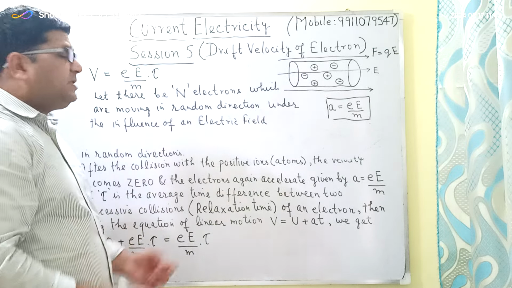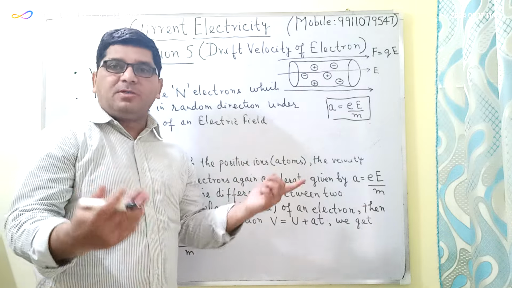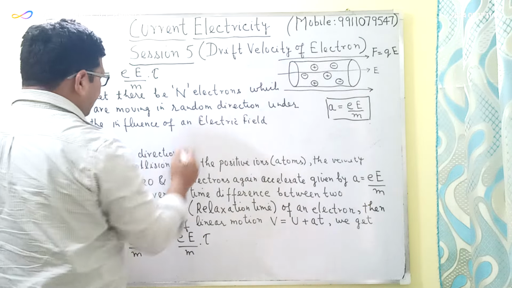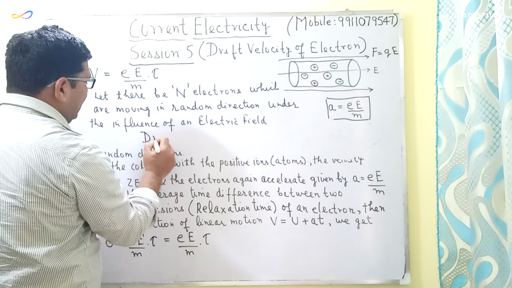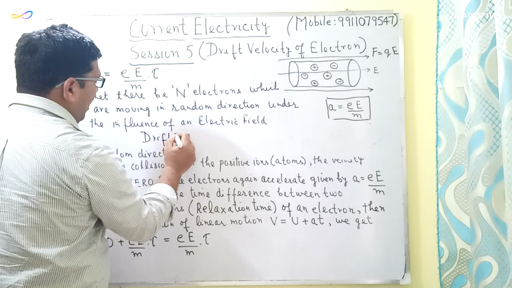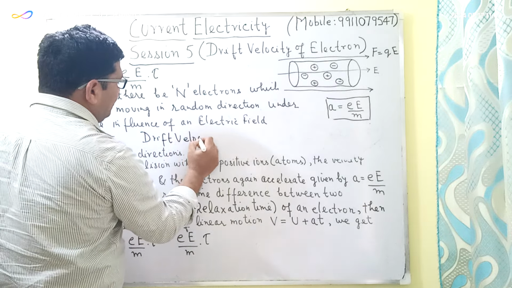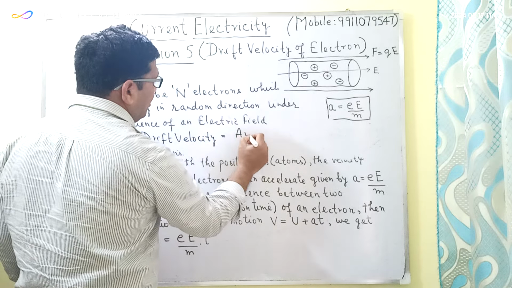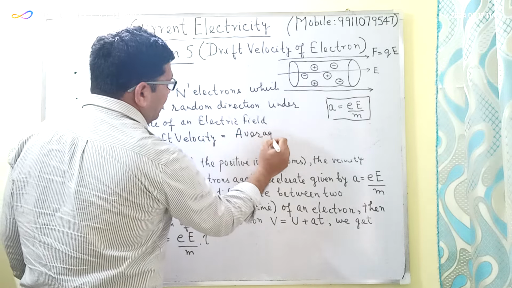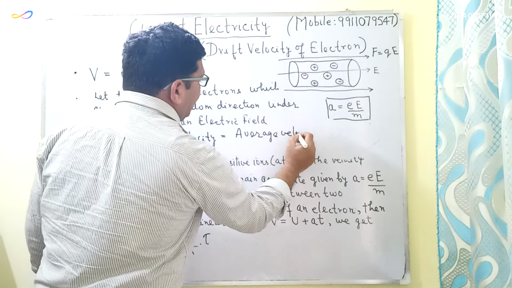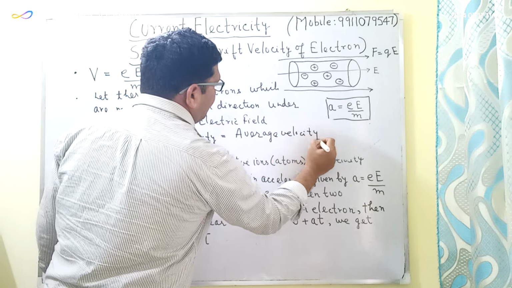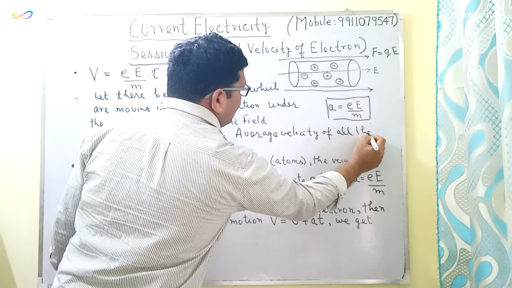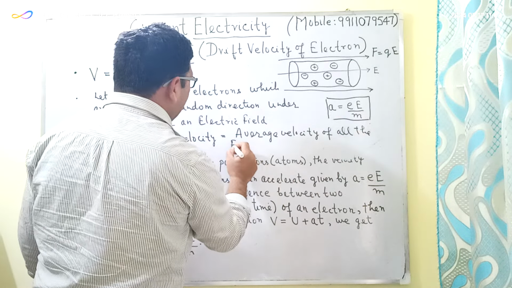Now each electron will have its own average velocity. So there is a term called the drift velocity.